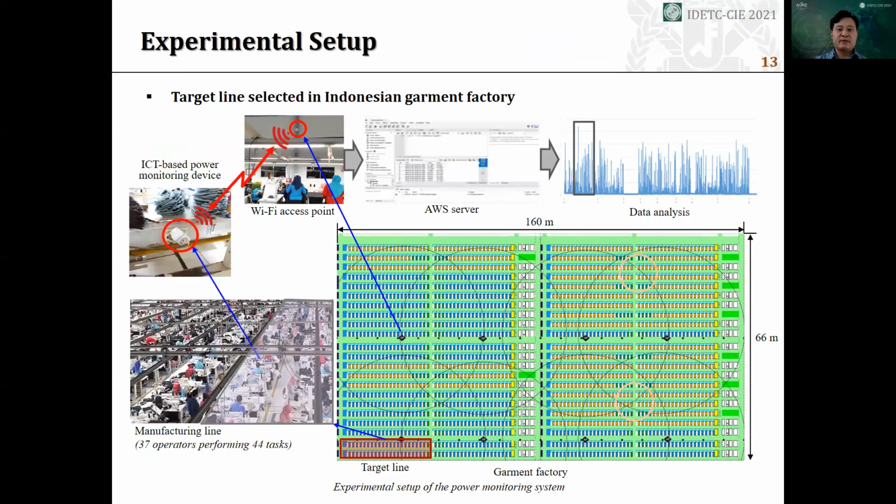To evaluate the developed system, the line to be monitored was selected from about 50 garment production lines in an Indonesian garment factory. To get the data, power monitoring devices were installed on every sewing machine in the line, where 37 operators were performing 44 tasks.